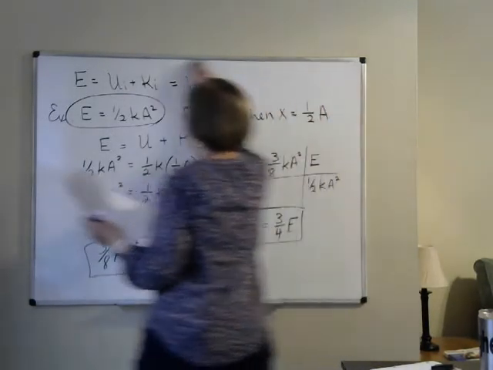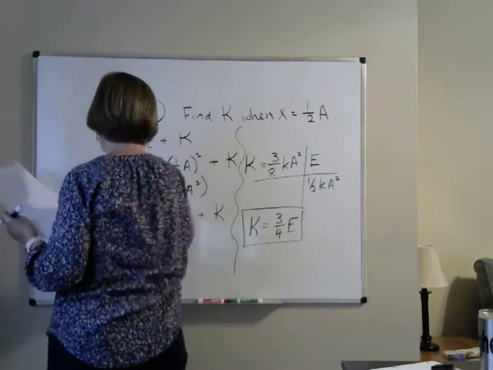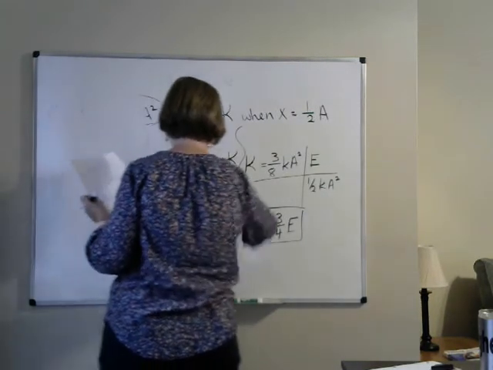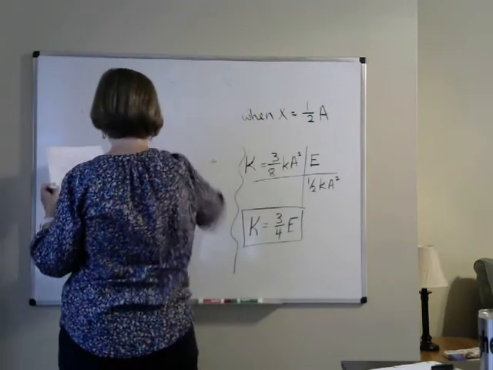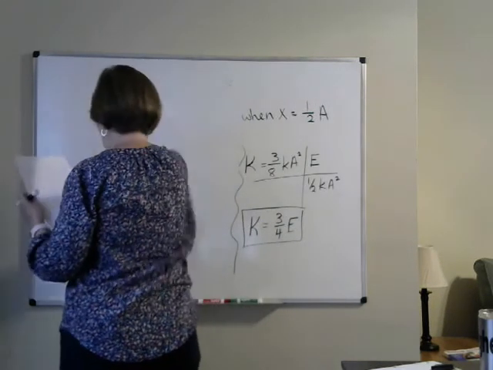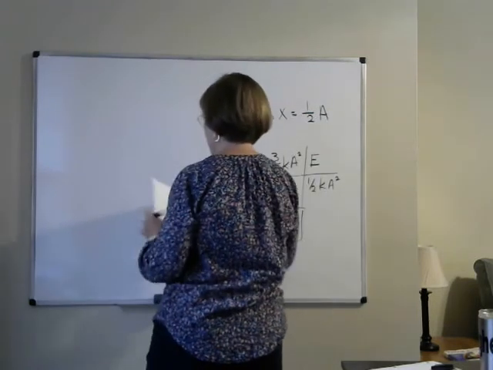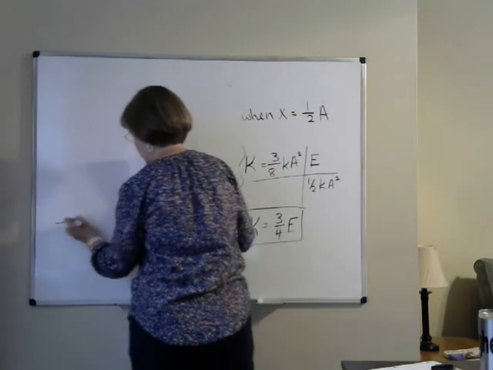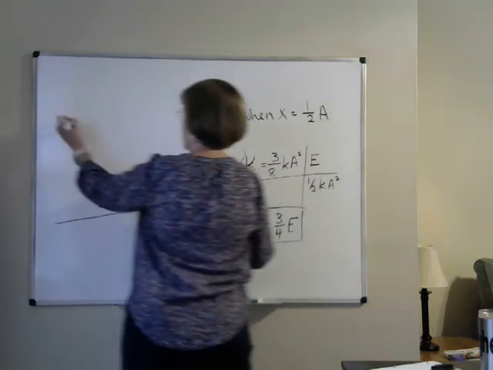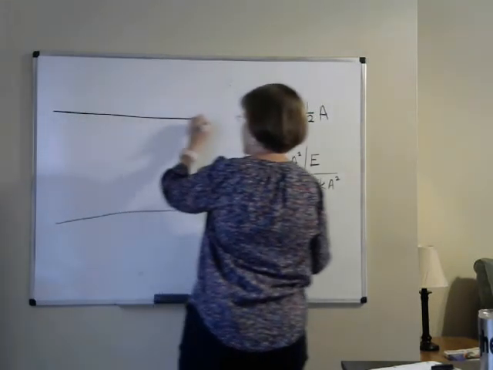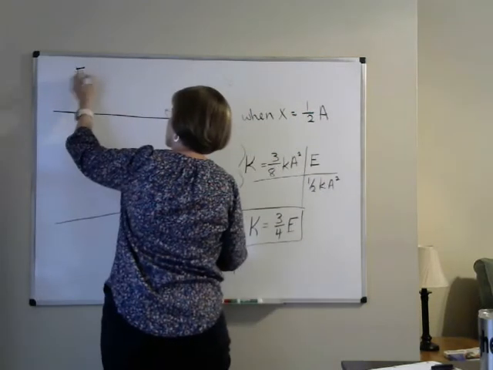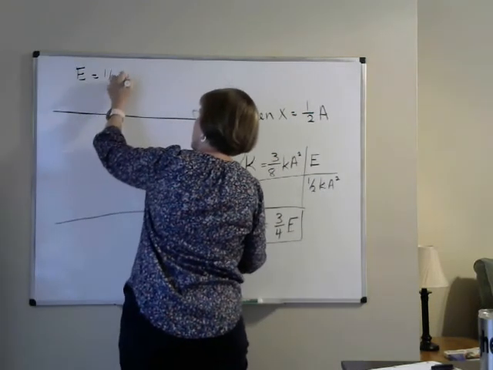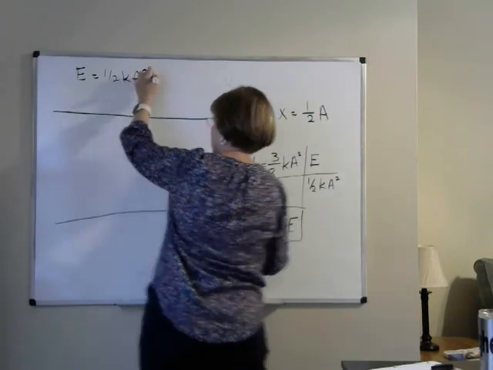We can use that information to make kind of a graph. It's like an energy graph. This would be no energy, and this is going to be E. E is equal to 1/2 kA squared.